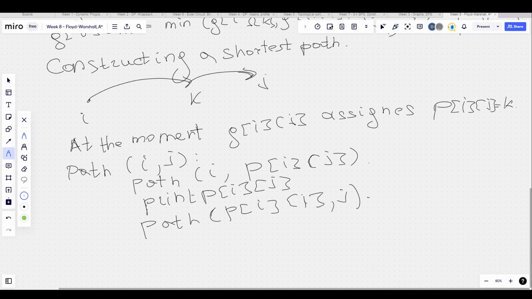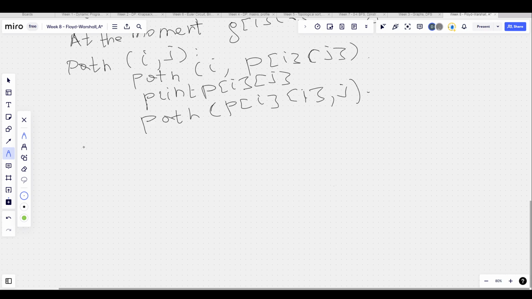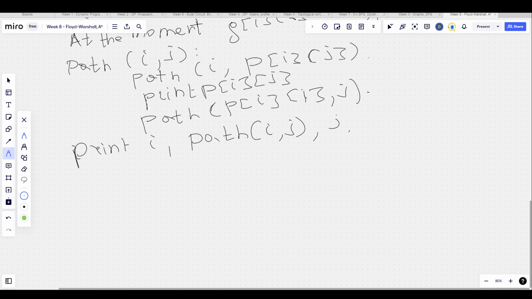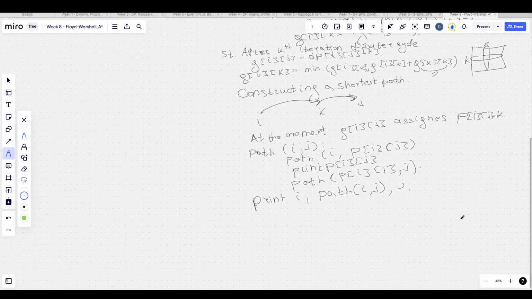So to print the whole path, we just print i, then print path i j, then print j. So that's all. That's the whole algorithm.